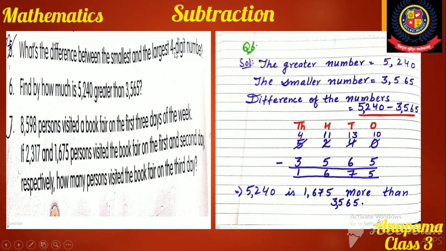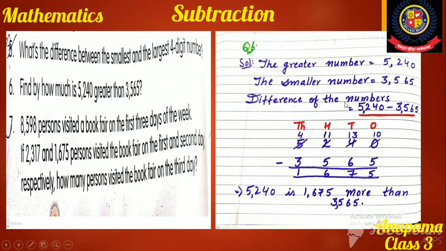Now in the next line we will write the smaller number, that is 3565. The smaller number equal to 3565. Now we have to calculate how much 5240 is greater than 3565. So write down difference.